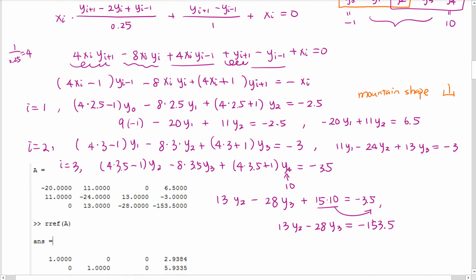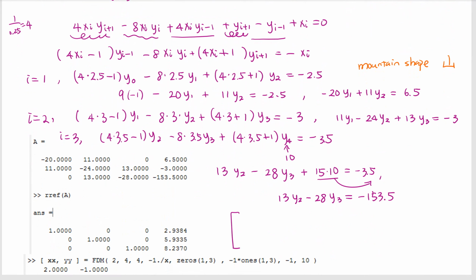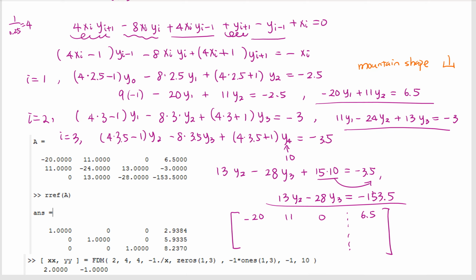So now we get 3 equations. This one, and that one. The first one gives us minus 20y1 plus 11y2 plus 0y3 equals 6.5. Second equation, 11y1 minus 24y2 plus 13y3 equals minus 3. Last equation, 13y2 minus 28y3 equals minus 153.5.